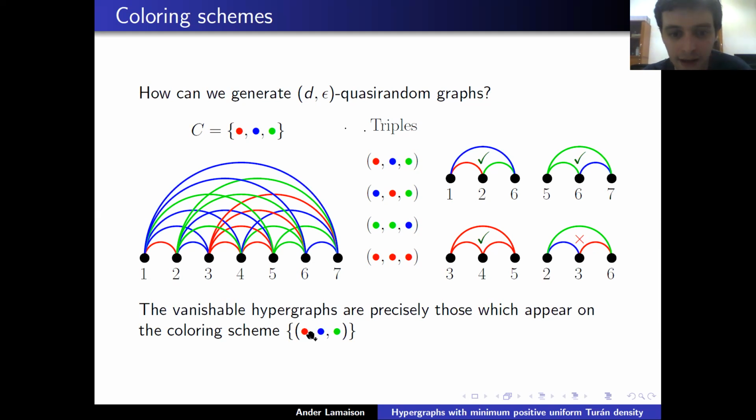So this means that a hypergraph has uniform Turán density 0 if and only if there exists some ordering of the vertices and some coloring of the pairs of vertices in such a way that in any edge, in that ordering, the left pair is red, the top pair is green, and the right pair is blue.